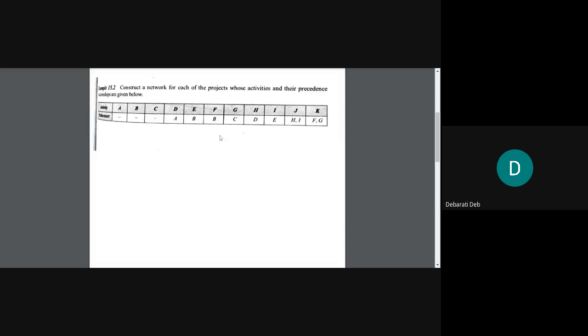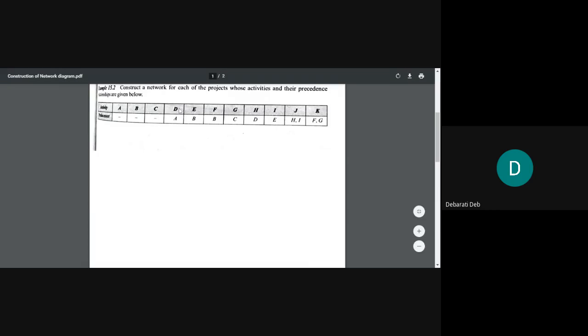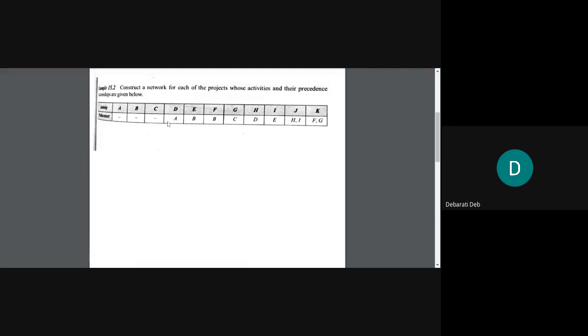Next we will go to D. D's predecessor is A, which indicates that after A has been accomplished, only one activity will start, that is, from the event where A has ended, only one arrow will be there.